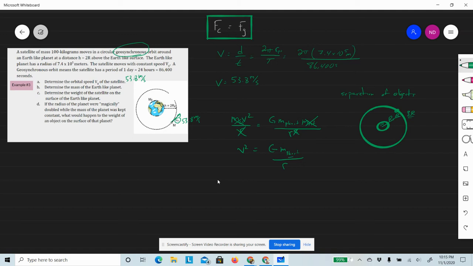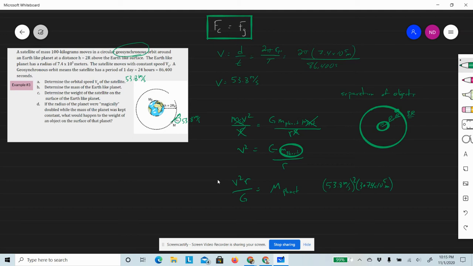And what do we want to know? We want to know the mass of the planet. So we've got to bring that over. So v squared times r divided by G equals the mass of the planet. V squared, we just figured out, was 53.8 meters per second squared, times 3 times 7.4 times 10 to the 5th meters.